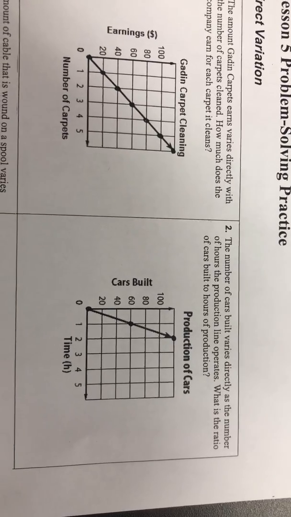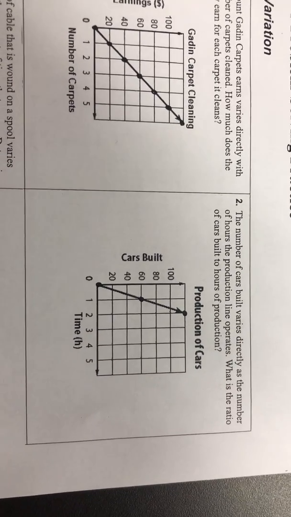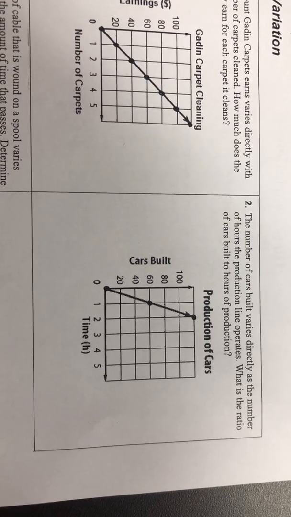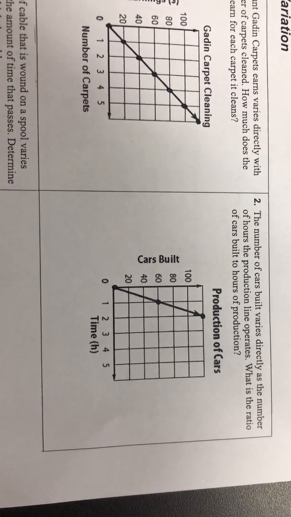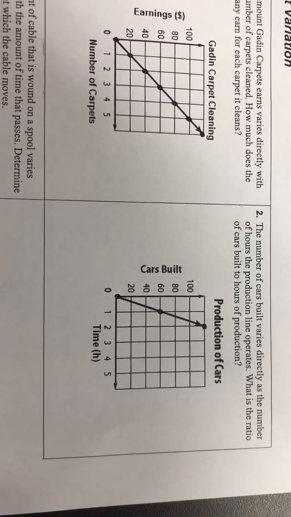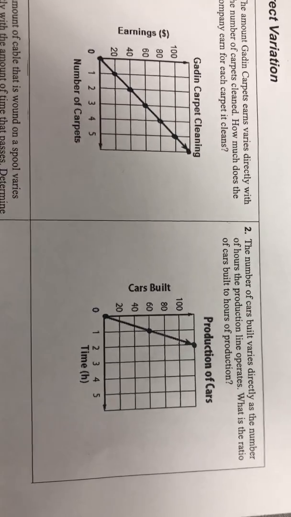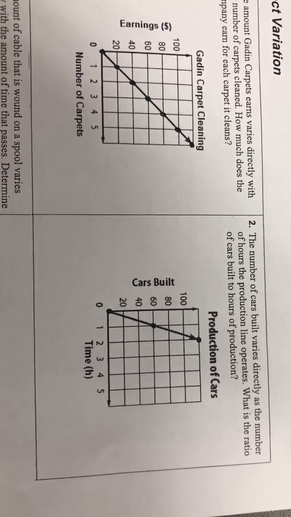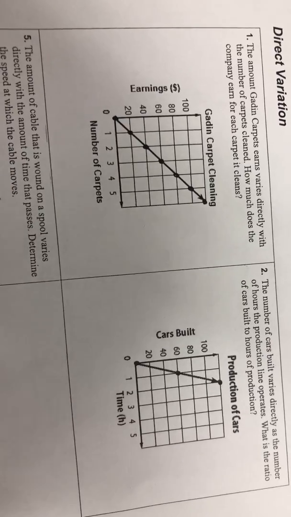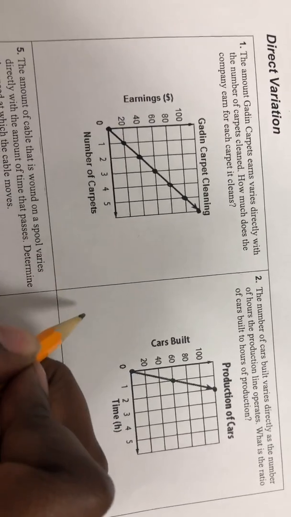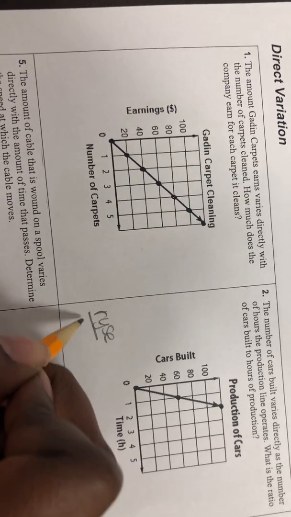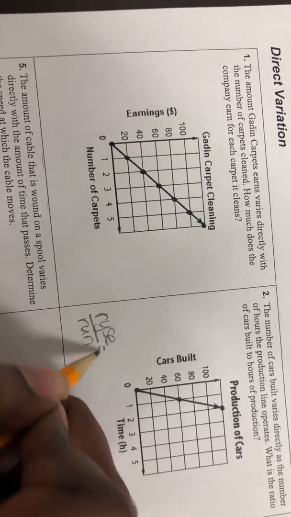All right, so it says the number of cars built varies directly as the number of hours the production line operates. What is the ratio of cars built to hours of production? So they're literally just asking you for the slope of this line. Okay, so if that's the case, we can go ahead and just do rise over run for this.